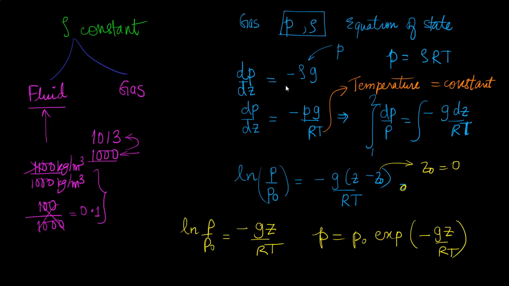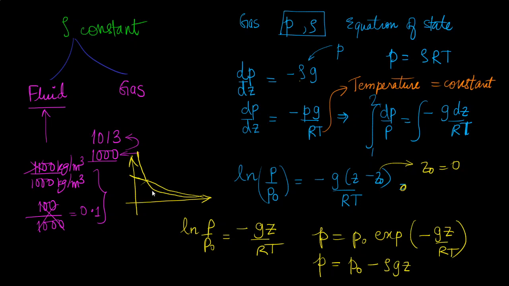So if we do not assume the ideal gas relationship between density and pressure, the relationship that we would have obtained is P equals P naught minus rho g z. But because of considering the implicit dependency of density on pressure, rather than the explicit dependency, we have an exponential decay in the atmospheric pressure as opposed to a linear change.